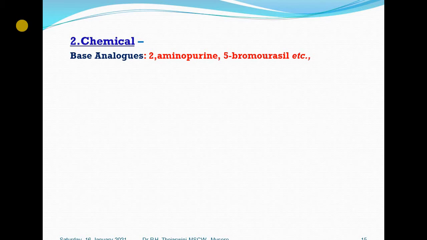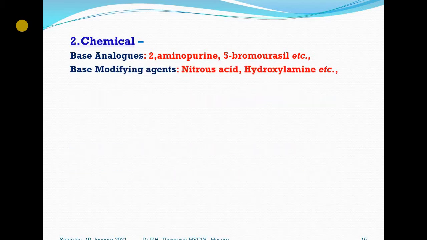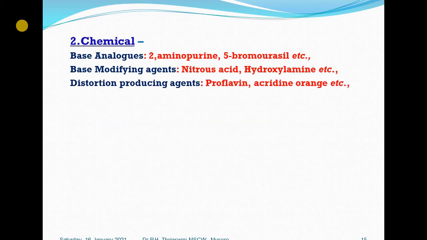That is imitation of the nitrogenous bases. Examples are 2-aminopurine or 5-bromouracil. Some agents alter the already existing nitrogenous bases on the DNA. They are called base modifying agents. These are examples: nitrous acid, hydroxylamine, etc.